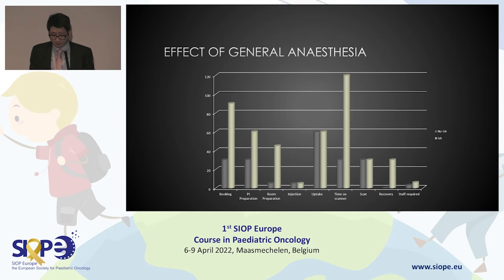So the point I want to make is that it has very important resource implications if you do your assessment carefully at the point of referral. Does this child need a GA or not? Because your nuclear medicine colleagues are not going to like you, because for that time they can do 3 scans instead of 1.